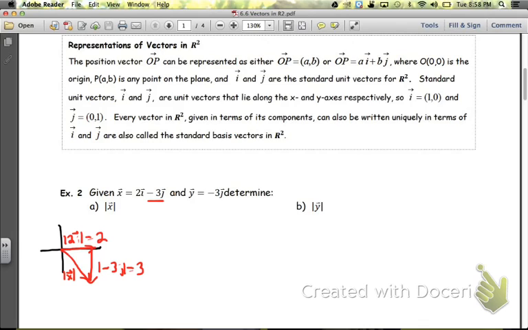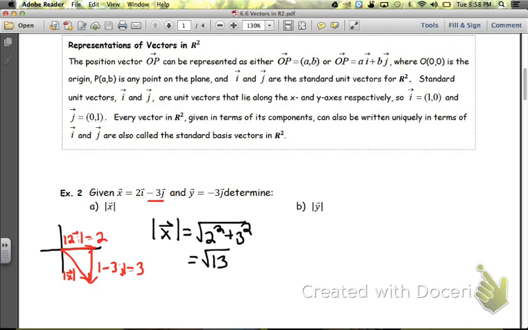We're just going to use those values respectively. When finding the magnitude, I don't need to do my whole x2 minus x1 and y2 minus y1 and take the square root, because I have zeros for one of my x's and zeros for one of my y's. So I can just write the square root of 2 squared plus 3 squared, which is equal to the square root of 13.